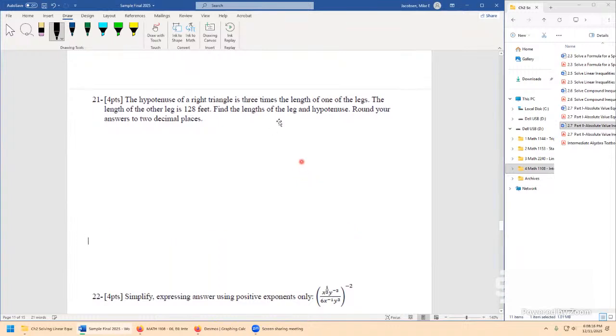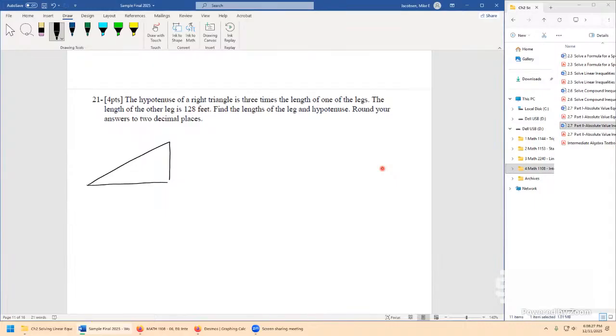This one gets into some geometry. It says the hypotenuse of a right triangle. So first thing I would do for this one is just draw some generic looking right triangle to organize all this information. Okay, so there it is. We're told the hypotenuse of a right triangle is 3 times the length of one of its legs.